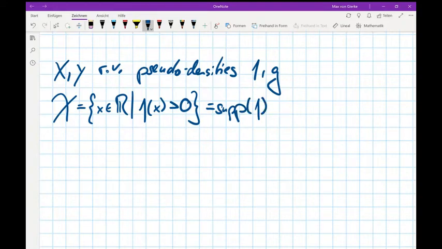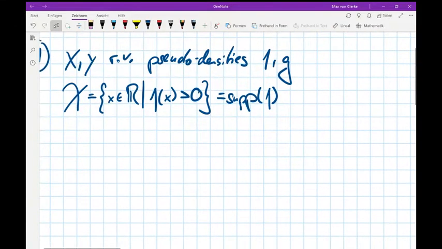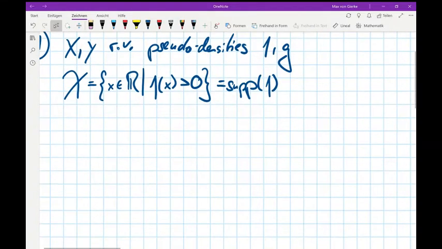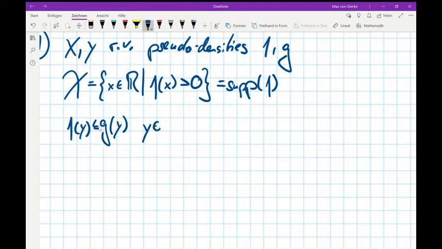And here's what's different to the proof you had in the lecture for acceptance rejection. In the lecture you had that g dominates f everywhere, and now here g dominates f only on this set X. This is a bit different to the lecture.